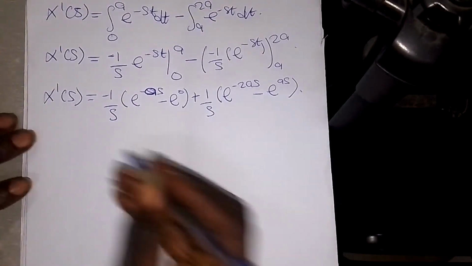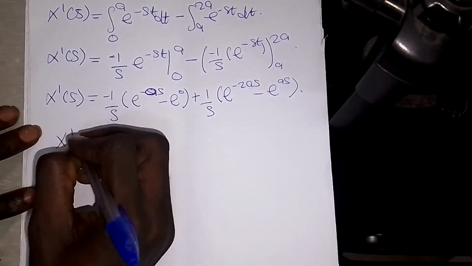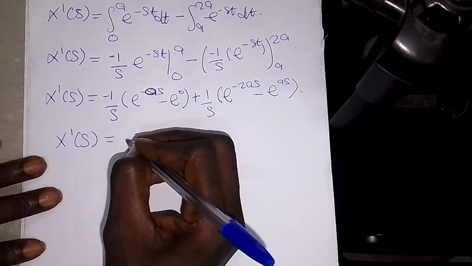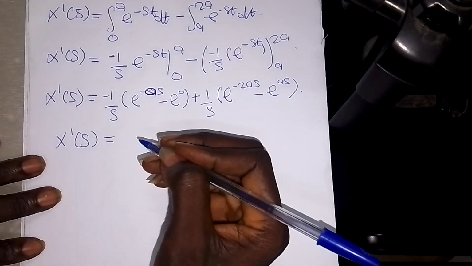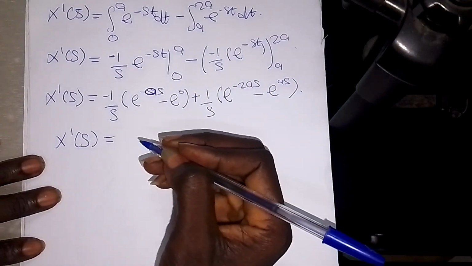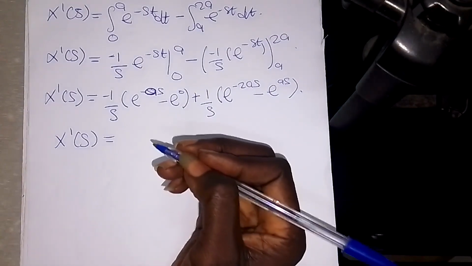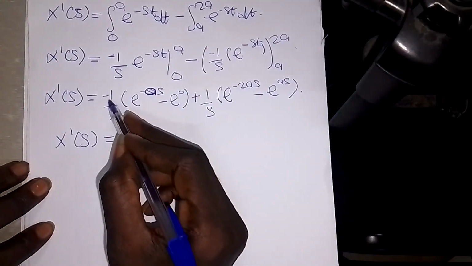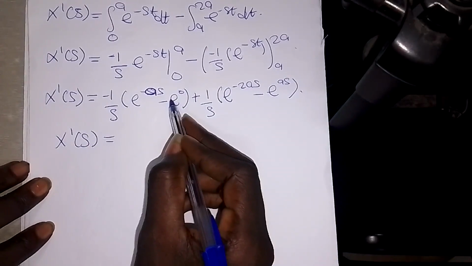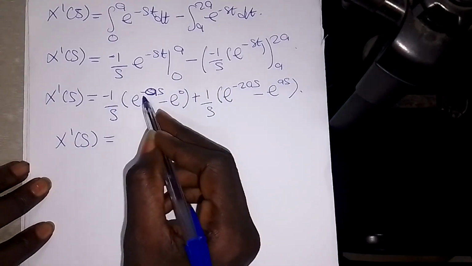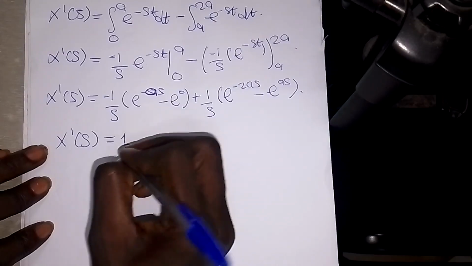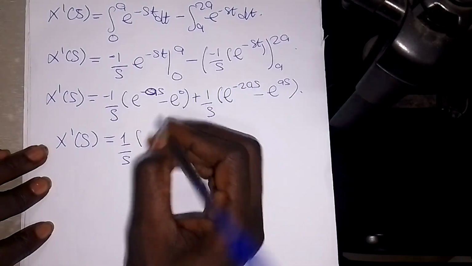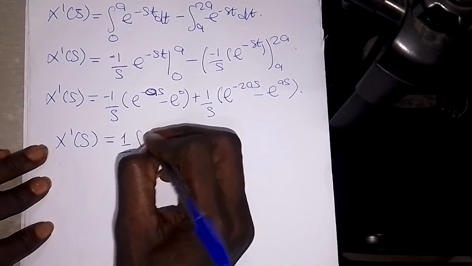Now if you have this one, then you can see that X prime of s is equal to minus 1 over s. But in this minus 1 over s, you see that this place is 1. If you multiply it by here, you get positive. If you multiply it by here, you get negative. So 1 over s positive, if I multiply by this I'll get positive, so here I'll write 1.